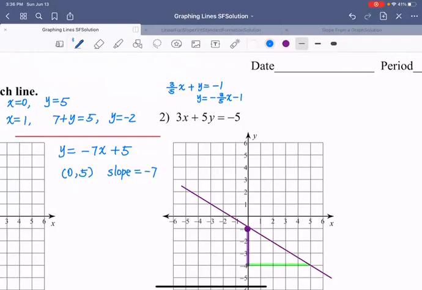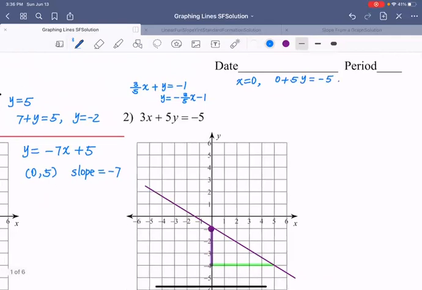Ethan, you want to try x equals 0? Yeah, sure. So 0 plus 5y, y equals -1. Okay.